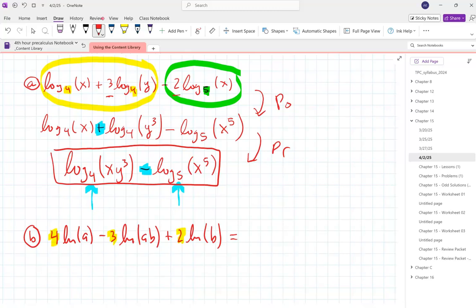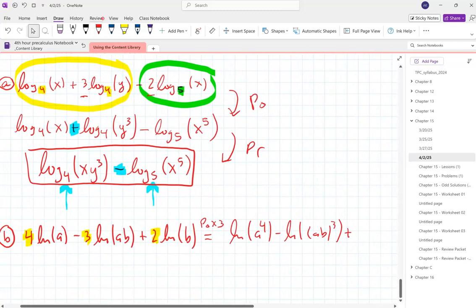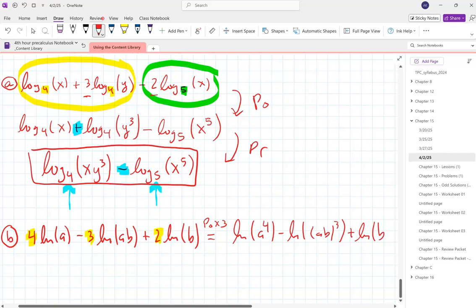I see 3 power properties. Is everybody okay with how I got to here?